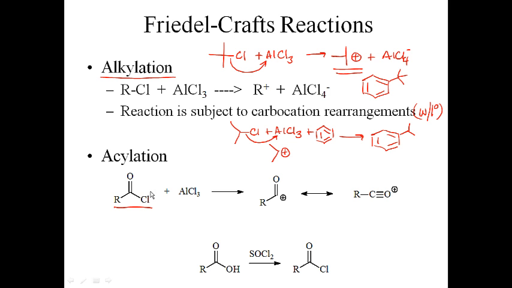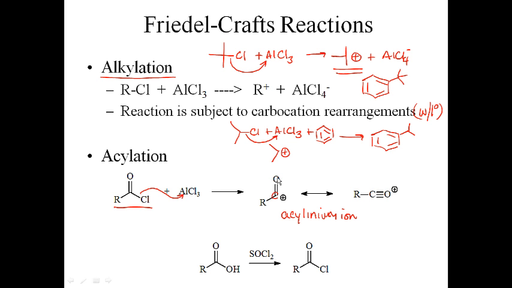And the same thing happens. The Cl minus goes with the aluminum, and then we end up putting a carbocation on the carbonyl carbon. We end up with that plus charge. Now this is called an acylinium ion.